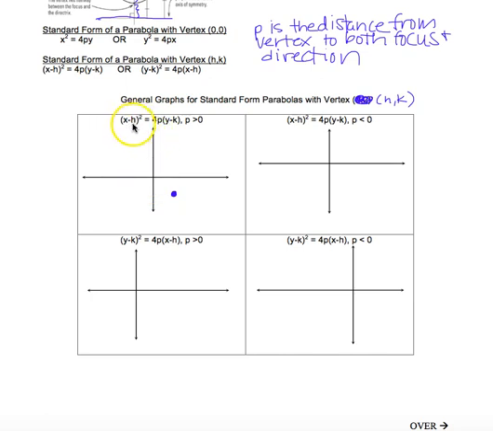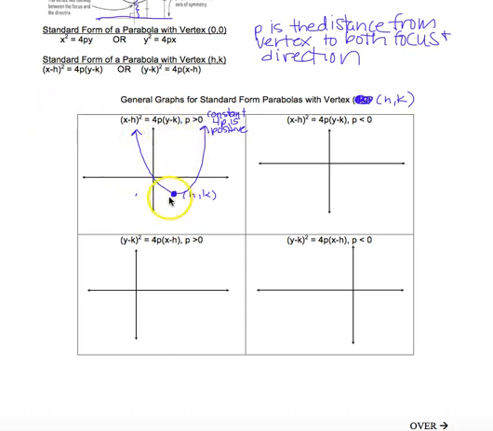If my x is squared and p is greater than 0, so meaning this constant for p is positive. If 4p is positive and the x is squared, that's going to create the most traditional parabola that you're used to seeing. So here's my h, k, and as always, apologize that my drawing may not look super good using this tool. But that would be a parabola that opens up.